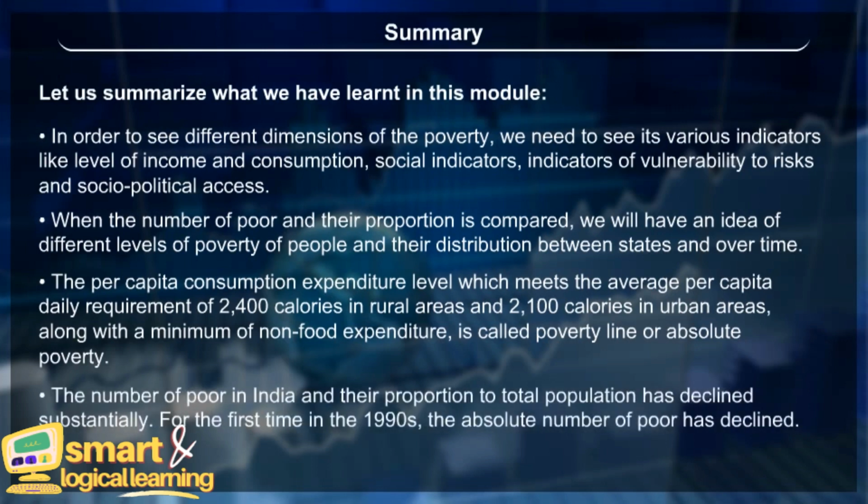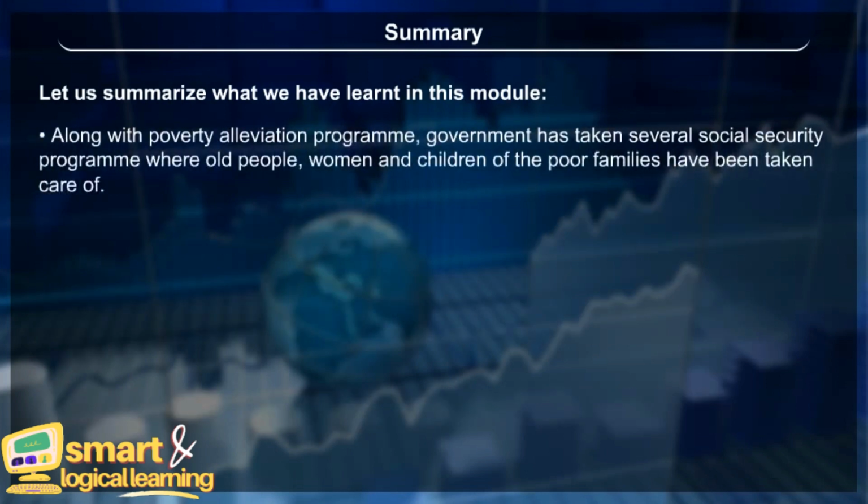The number of poor in India and their proportion to total population has declined substantially. For the first time, in the 1990s, the absolute number of poor has declined. Along with poverty alleviation programs, government has taken several social security programs where old people, women and children of the poor families have been taken care of.